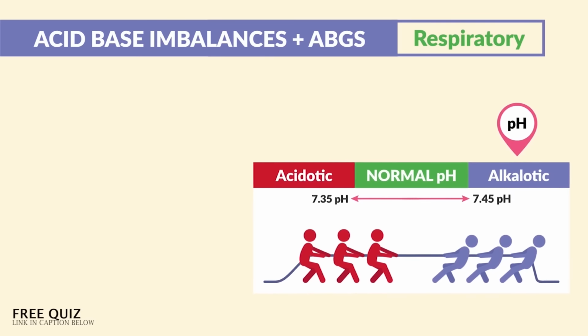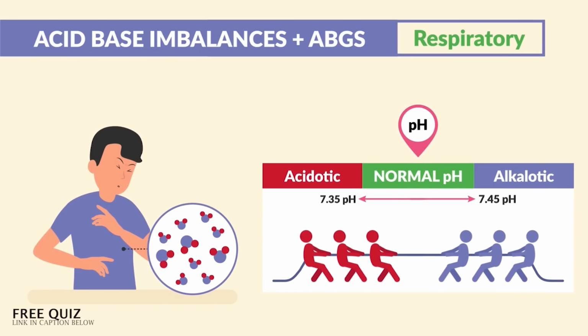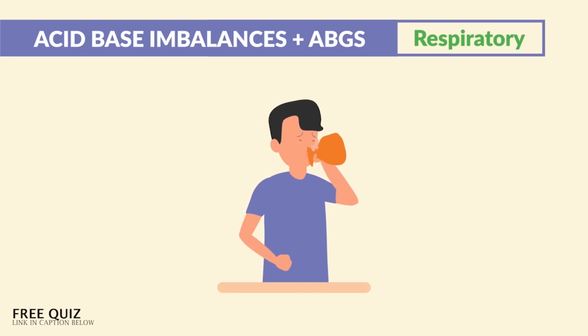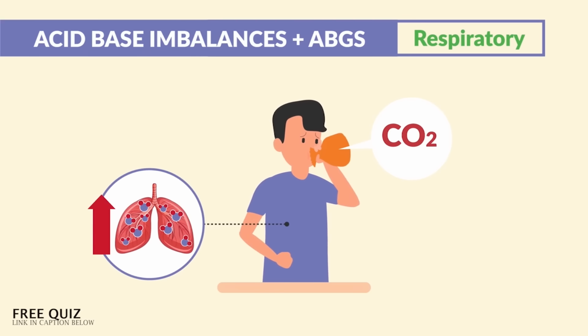And on the opposite side, with too much base, that alkalosis, the body needs to breathe more slowly to retain more of that CO2 to make the body more acidic, right? So we'll have patients breathe into a paper bag, breathing slowly and rebreathing that CO2 for more carbon dioxide.